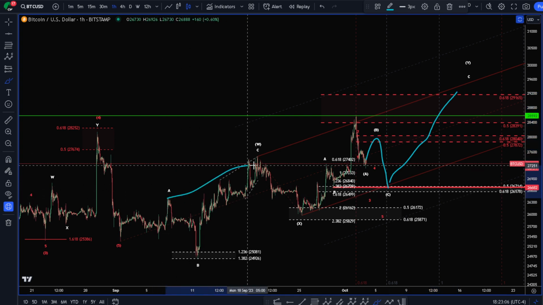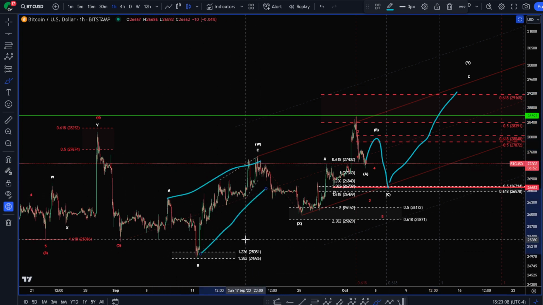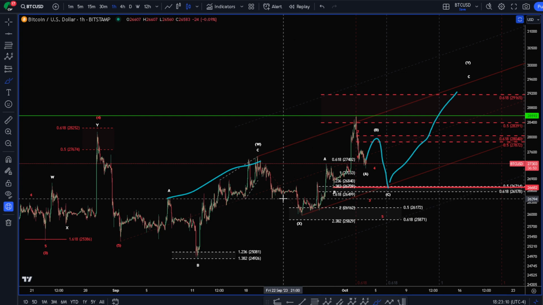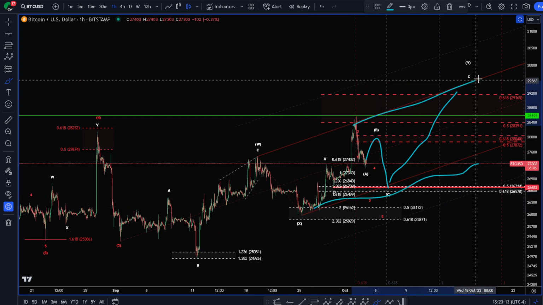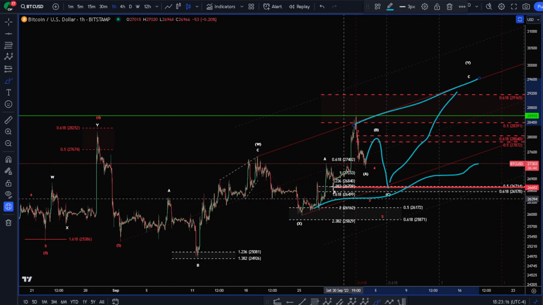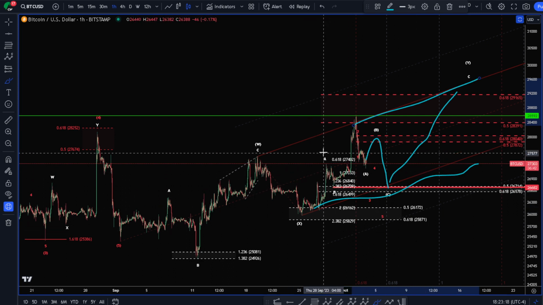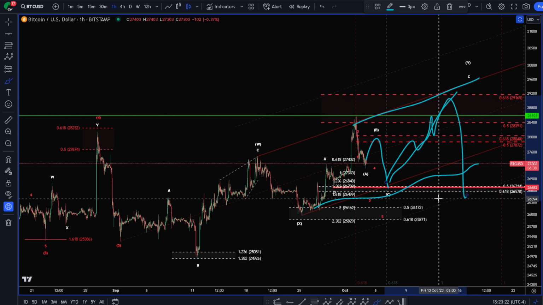And this is our first correction, ABC. We get our X wave, and this is our second correction, most likely a flat as well, a double three, where you have 3 waves, 5 waves, and then we come to the downside.